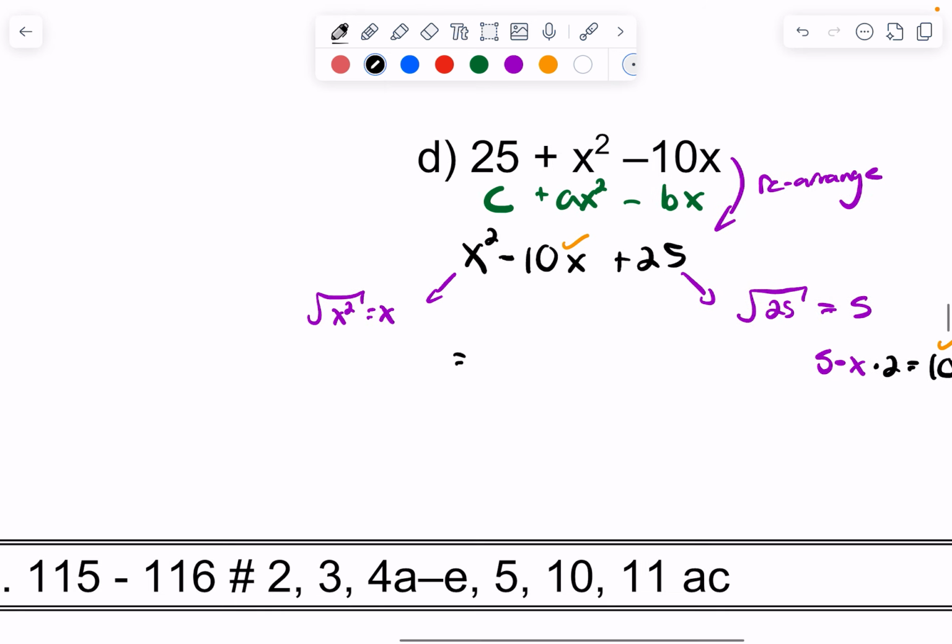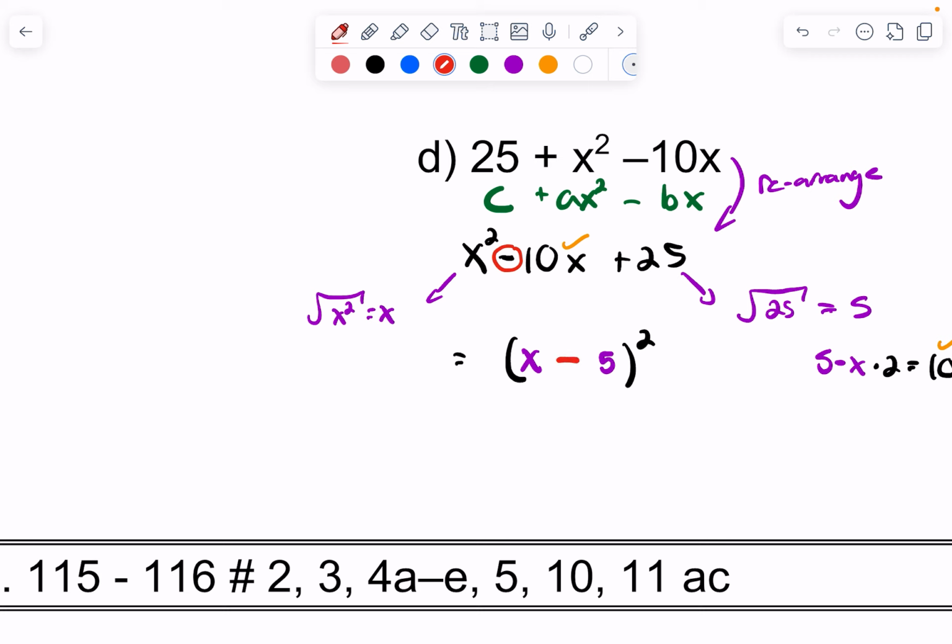So the formula still applies where your final answer is going to be in brackets with a square, where in the first, you're going to put the square root of the first term. And on the back side, you're going to put the square root of the last term. But remember, whatever sign you see here, that is what goes here.